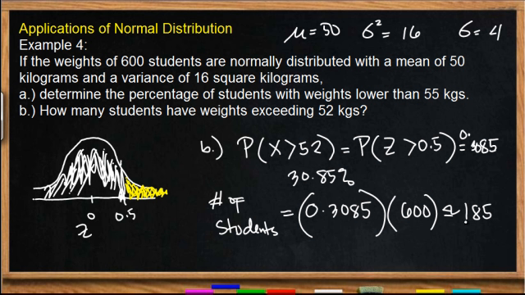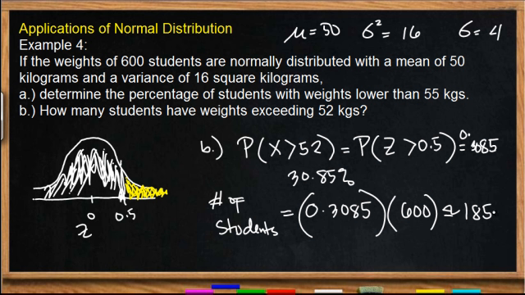185 ka estudyante nga ang timbang nila lapas sa 52 kilograms. So mao ni siya ang application sa normal distribution. Ang curve kay probability distribution sa weight sa estudyante, meaning ang 0 ang mean na 50, kasagaran 50 ang timbang, may less than 50, then greater than 50, and ang gipangutana kung pila ka estudyante ang naitimbang greater than 52.